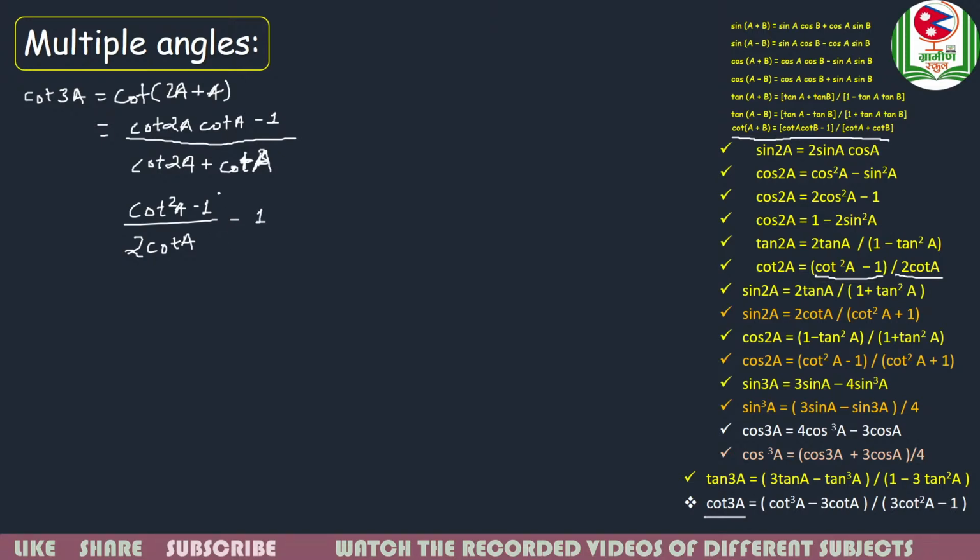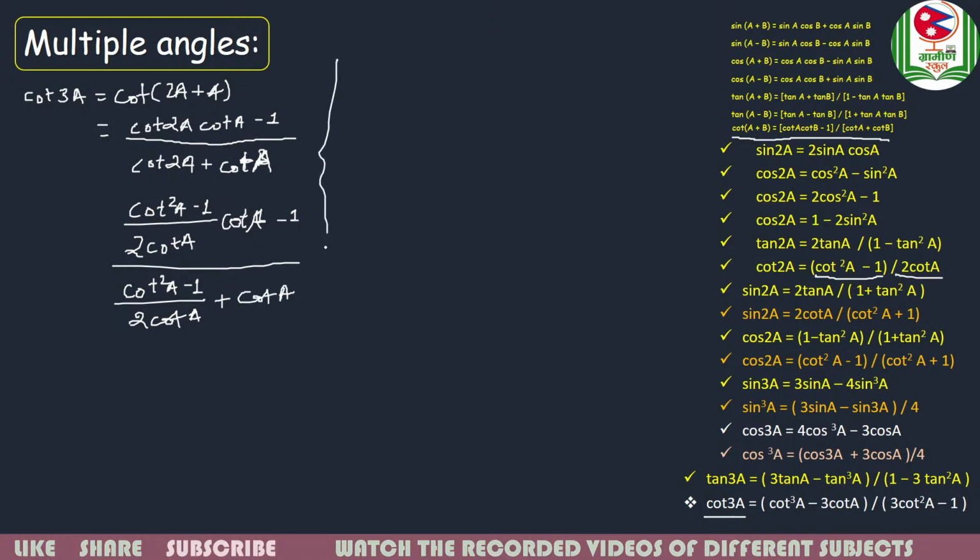Sorry, and this one is cot A. So we will also write here cot A, and then minus 1, whole divided by, again this cot 2A can be written as cot square A minus 1 upon 2 cot A, and then plus cot A.